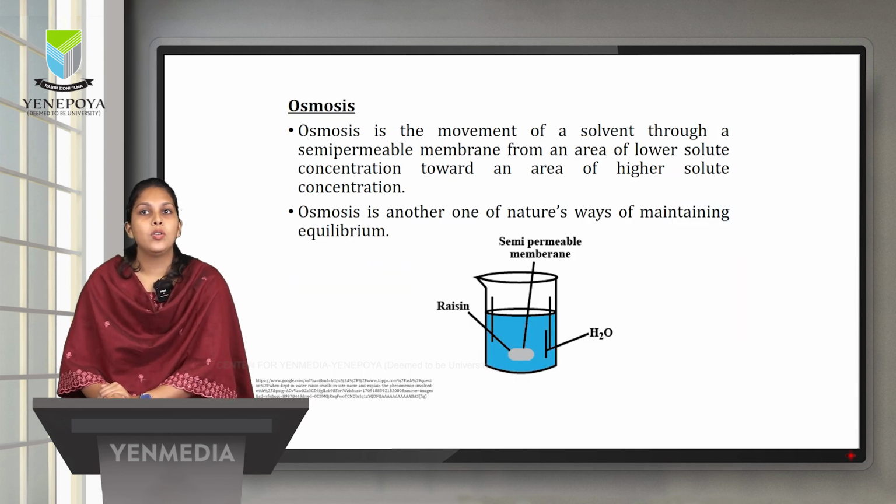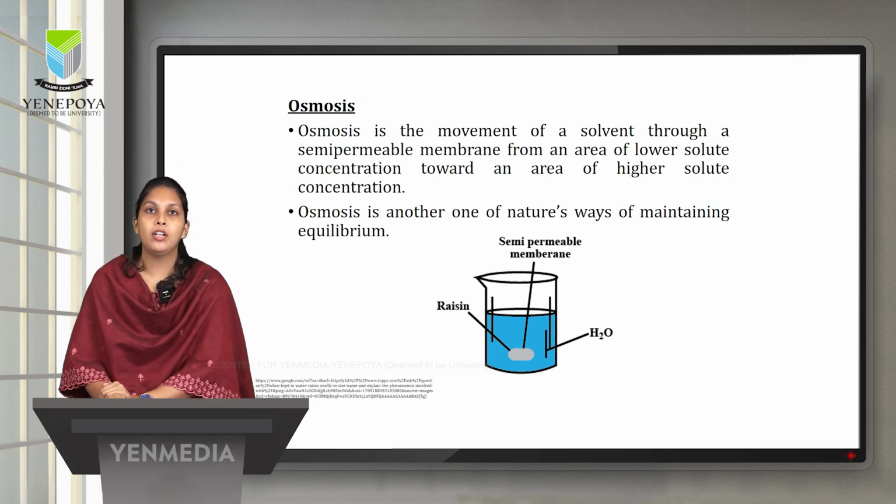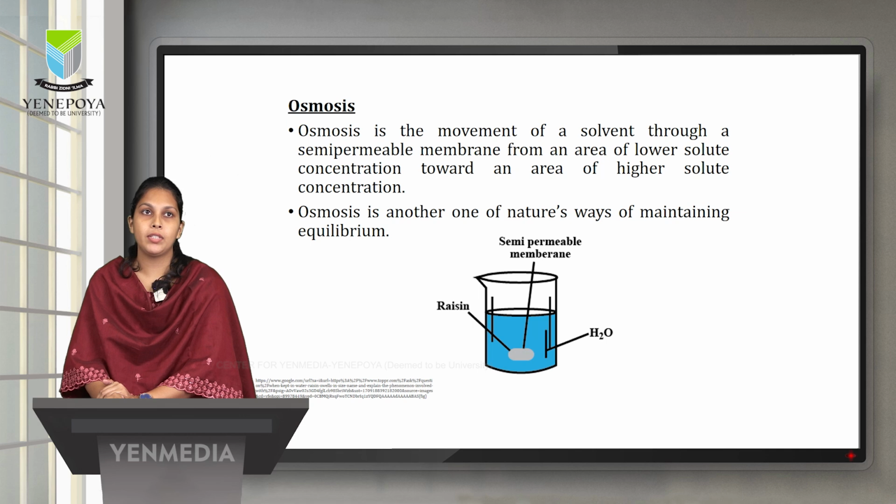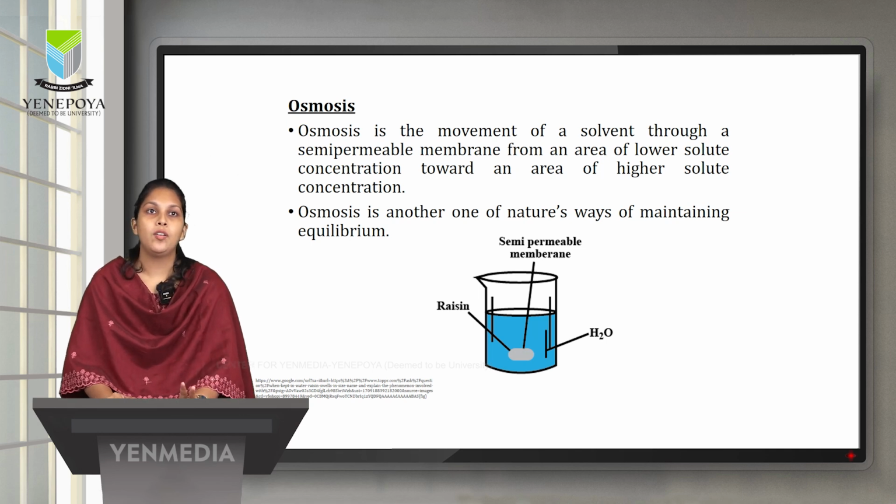The next one is osmosis. Osmosis is the movement of solvent through a semi-permeable membrane from an area of lower solute concentration towards an area of higher solute concentration. Osmosis is another one of nature's ways of maintaining equilibrium. Same as diffusion, osmosis also maintains equilibrium and equal distribution.